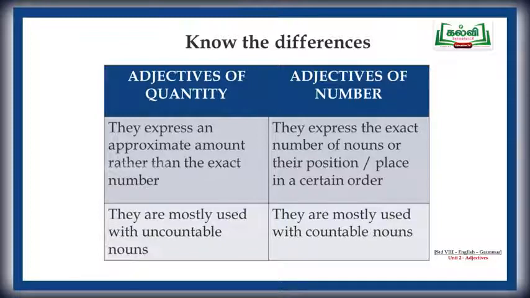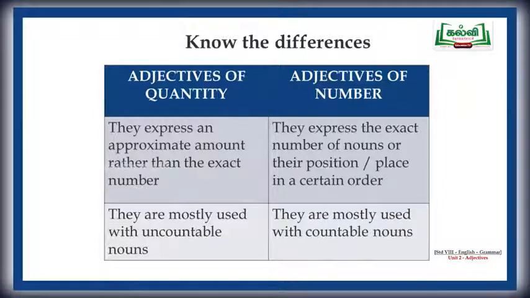So it won't give the exact number, approximately, this much, something like that. Whereas adjectives of number express the exact number of nouns or their position or their place. So exact number will be shown in adjectives of number.